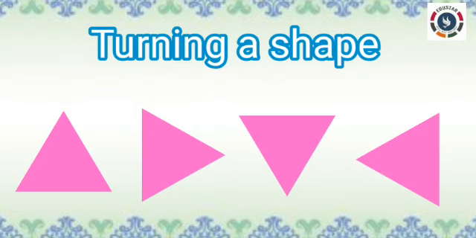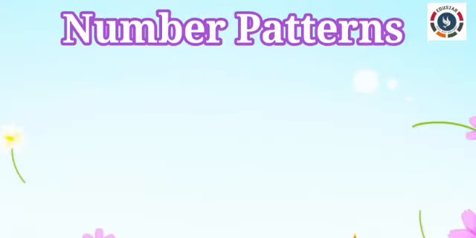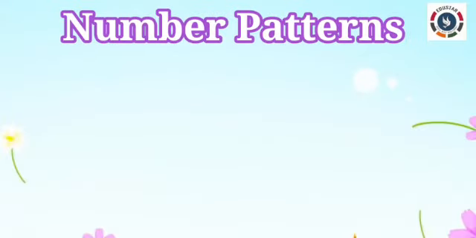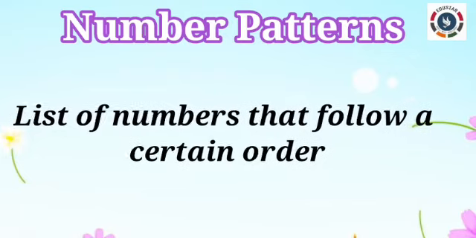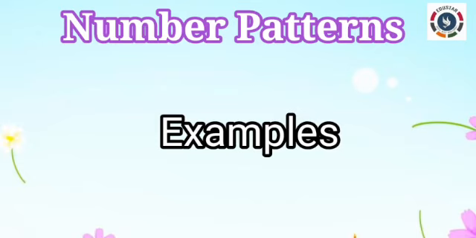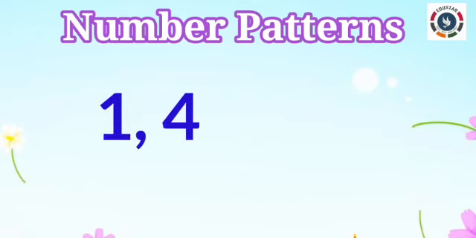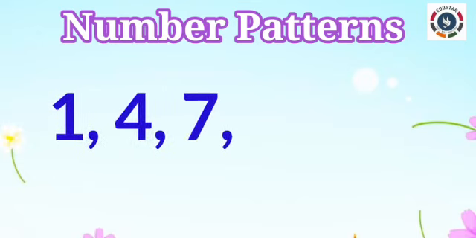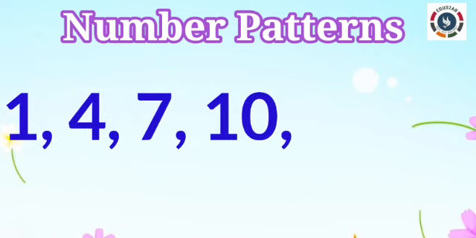Do you know one thing? Number patterns are also there. A number pattern means a list of numbers that follow a certain order. For example, 1, 4, 7, 10 forms a number pattern.